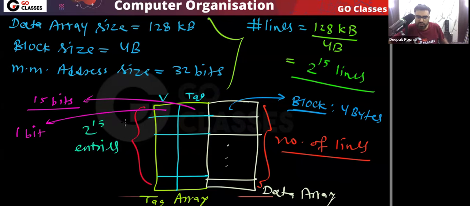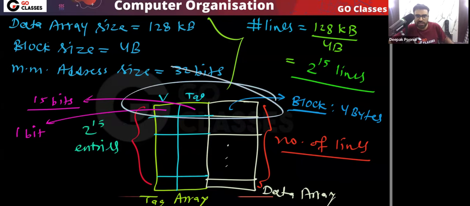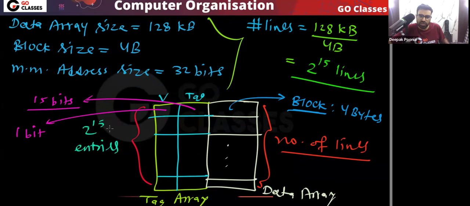Here I can say in total we have 2 power 15 entries, and in one entry, what is the total size of one entry? That is 15 bits plus 1 bit, that is 16 bits, plus 4 bytes. So you can see one entry size, including the tag, valid bit, and the block.